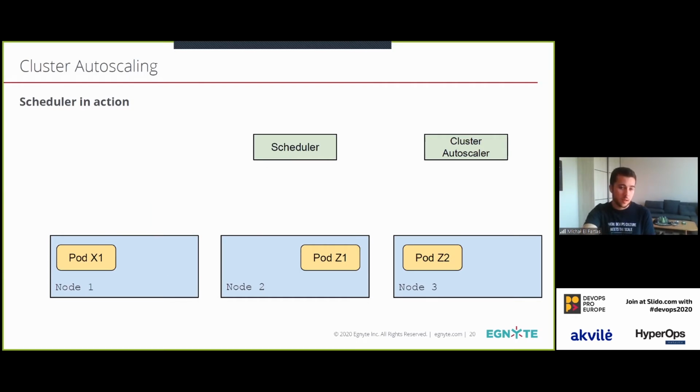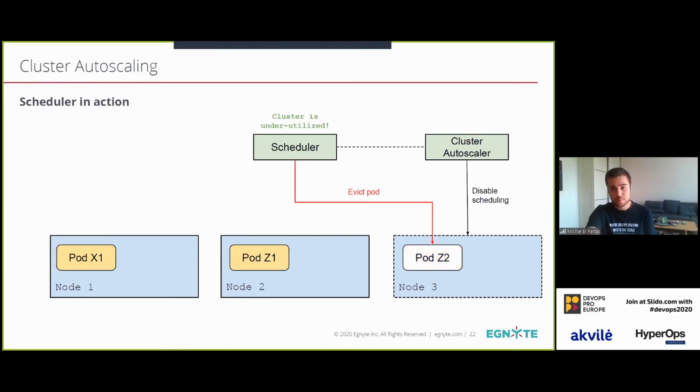And the resources are freed. So that's how basic actions in Kubernetes work. But what happens now is the scheduler detects that the cluster is underutilized. It knows how many resources nodes provide and how many resources it actually needs by the pods' definitions. And here it clearly sees that we're not using the resources efficiently.